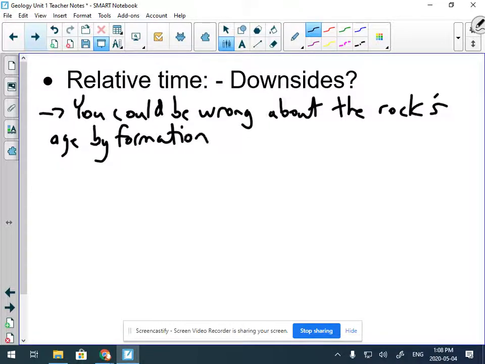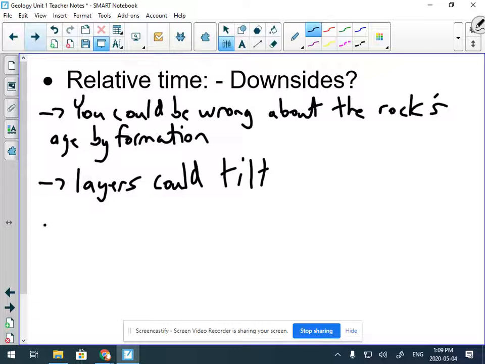During great floods, sedimentary rock formed a lot faster. Also, the layers could tilt, and then you're going to be really wrong. Or you could have a magma intrusion. Okay, not so good. So that's one of the big problems of relative time.